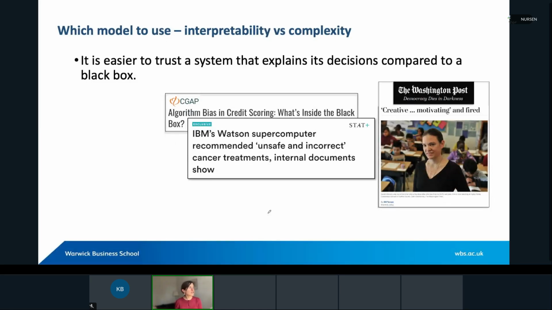When we decide which model to use, we should not only consider the accuracy, we should also consider interpretability versus complexity. One of the most well-known trade-offs in machine learning is black box models versus interpretable models like decision trees or linear classifiers.